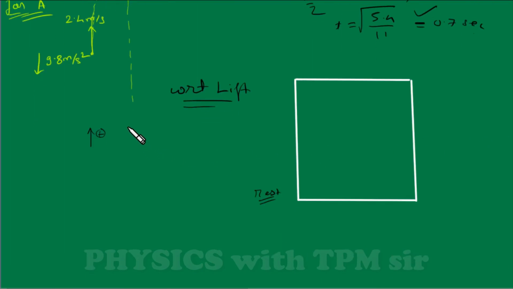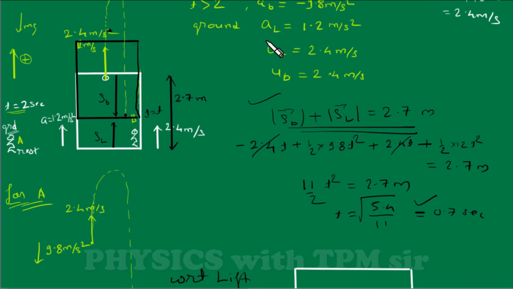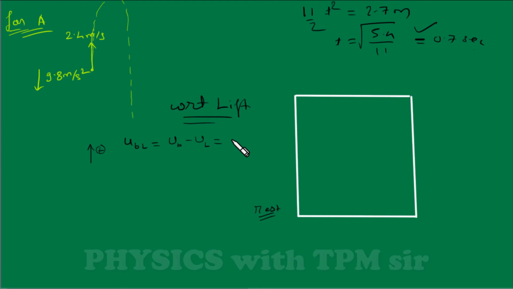So let's find the initial velocity of the bolt with respect to the lift. It will be the initial velocity of the bolt minus the initial velocity of the lift, and we know that both are the same, 2.4 meter per second upward. So this is 0. So the initial relative velocity at t equal to 2 seconds is 0.